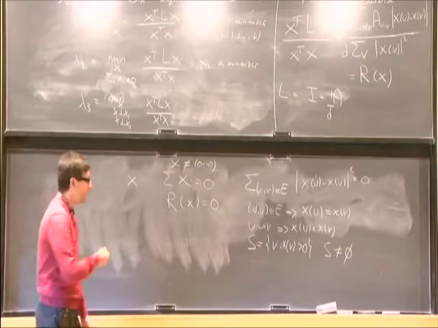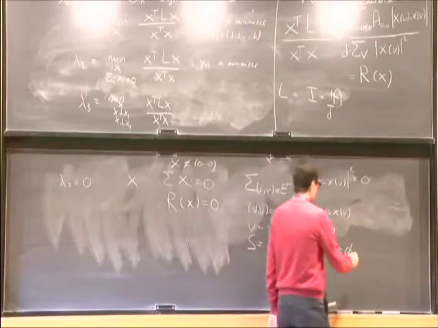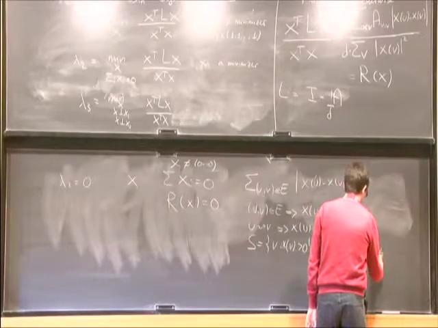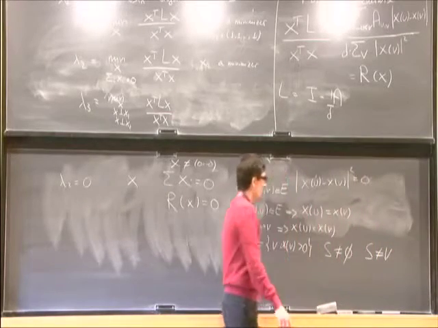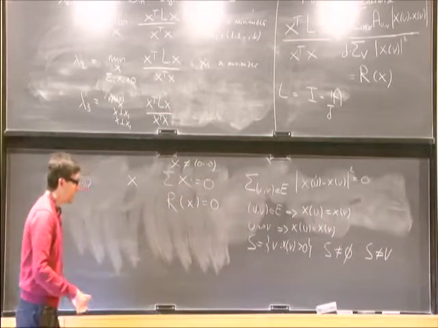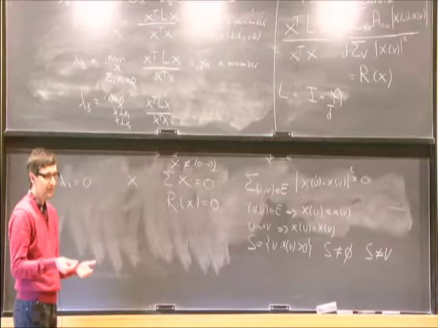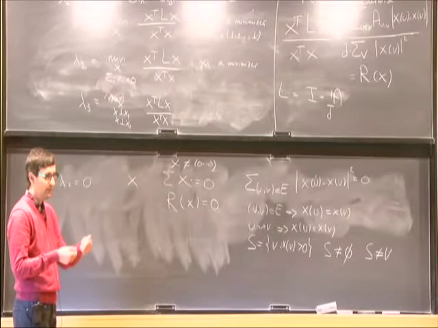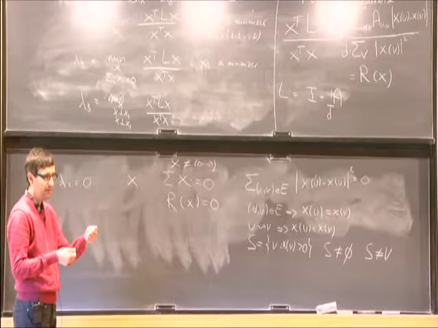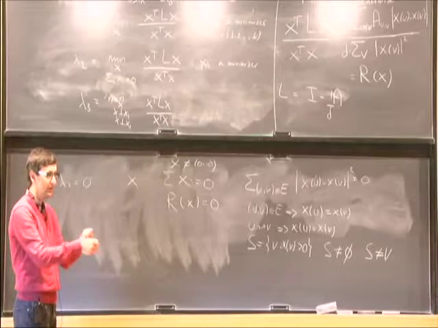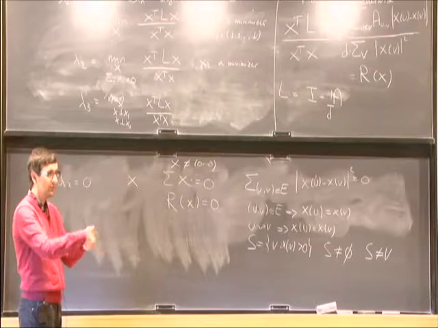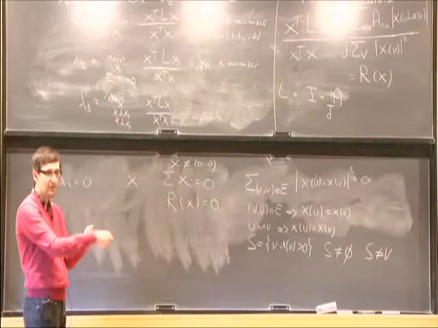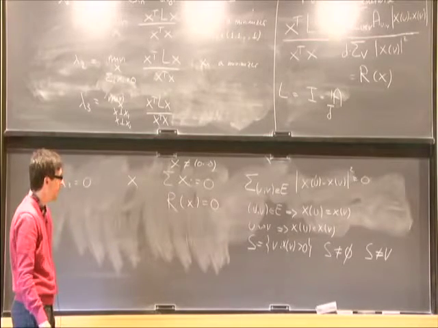Because it's a non-empty set, and it's not the whole graph. And it is disconnected from the rest of the graph because a vertex with a strictly positive entry in x can only be connected to vertices with the same label. So in particular, it cannot be connected to vertices with a 0 or negative label.